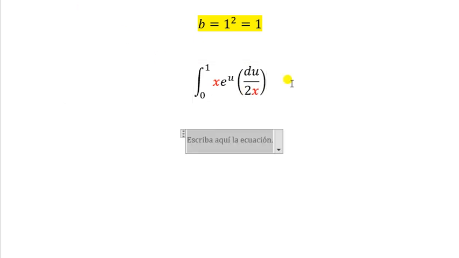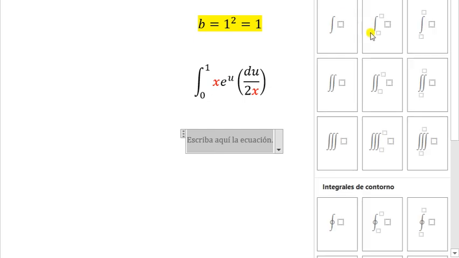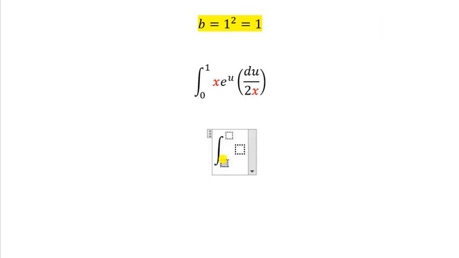So we get the following integral: the integral from 0 to 1 of e to the u divided by 2 du. So that's the integral we need to solve.